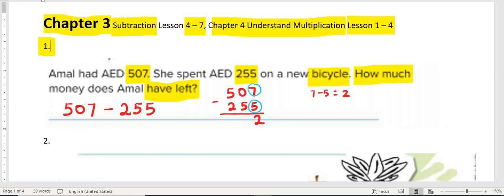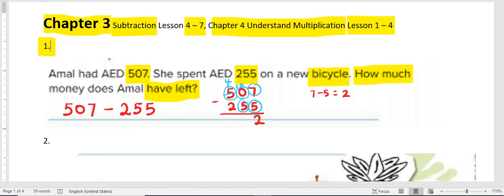Go to the next place value, 0 minus 5, which is not possible. Remember, we said the number on top must be more than the number or the same as the number under. So if it is not, then you need to go to the next place value to borrow 1. So borrow 1 from 5, you will have 4 left. The 1 you borrow, you put it here, becomes 10.